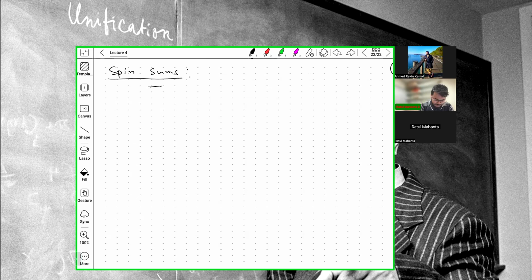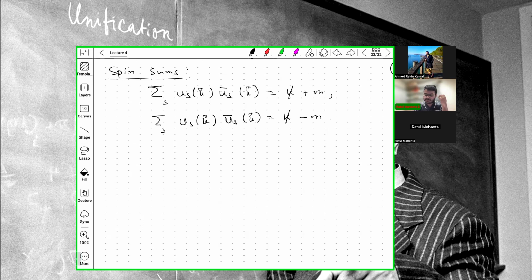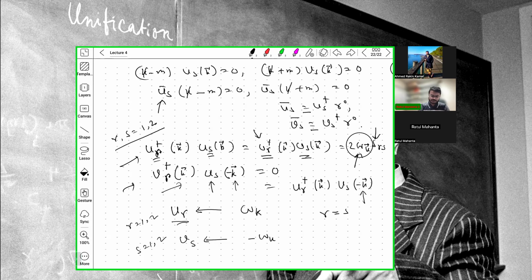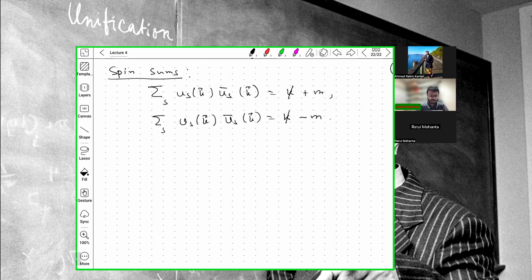To test this, you need to use this normalization. So with these normalizations only, you can find this. The way you can test this: what are the bases? The basis is U R and V R, or I can say V S. So some numbers.